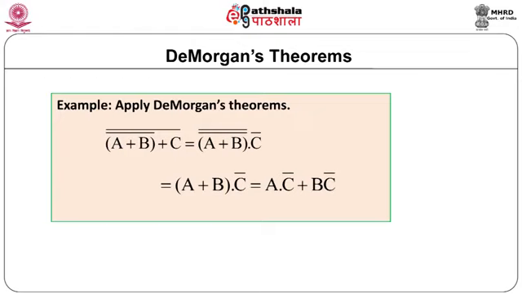We have a term on the left hand side consisting of 3 variables A, B, C as shown here.